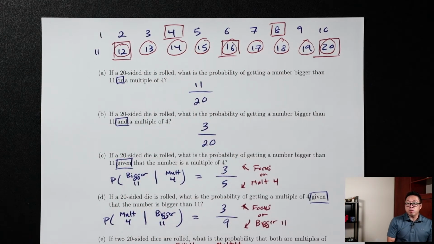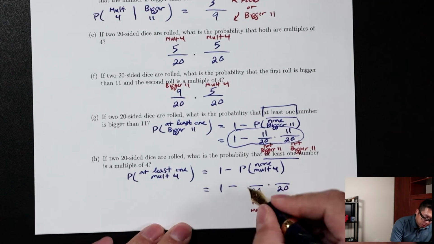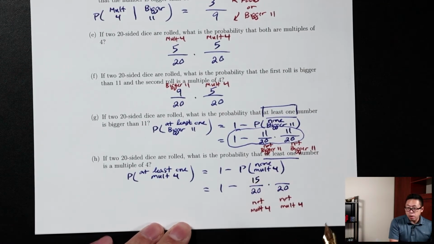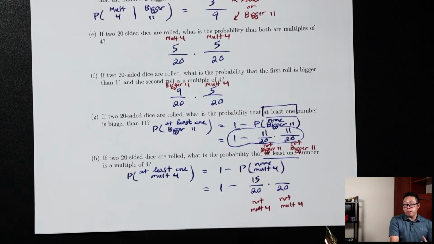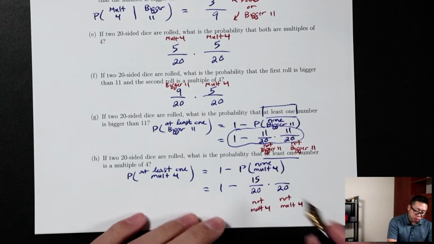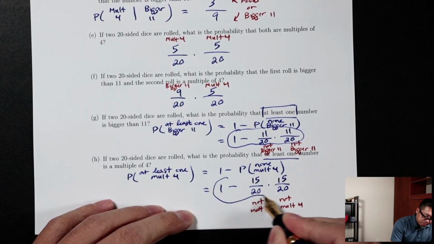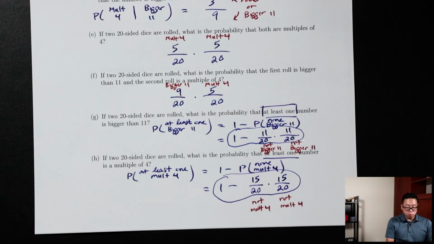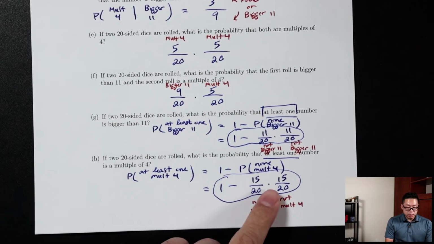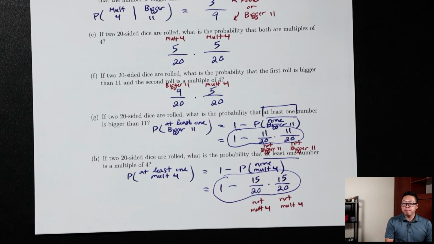So 15 numbers that are not boxed. Second fraction, also not multiple of 4. We don't reduce, so that will be 15 again. Final answer, 1 minus 15 over 20 times 15 over 20.